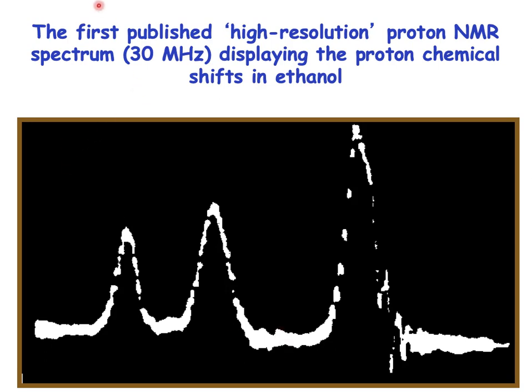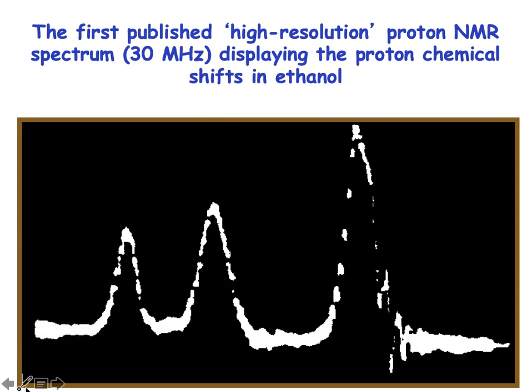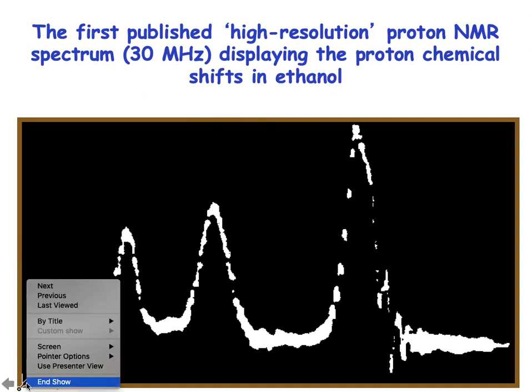This was the first high resolution proton NMR spectrum observed, which was the proton spectrum of ethanol. They observed three different lines in the ethanol spectrum.